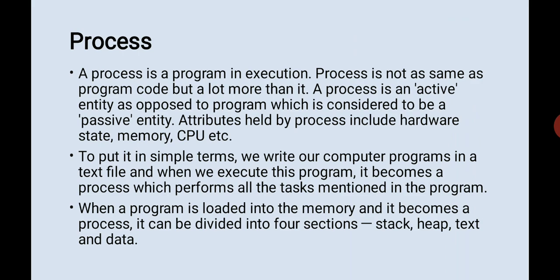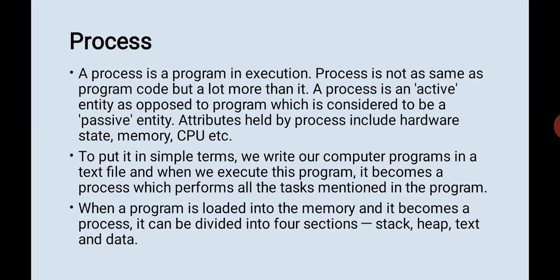Process is active wherein your program is passive. Attributes held by a process include hardware state, memory, CPU, etc. That is, it has some system requirements.